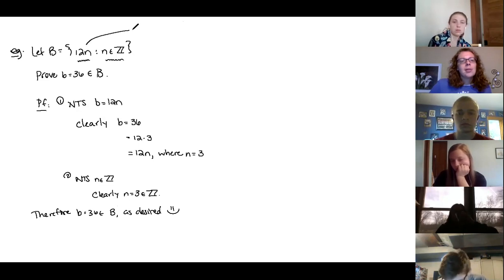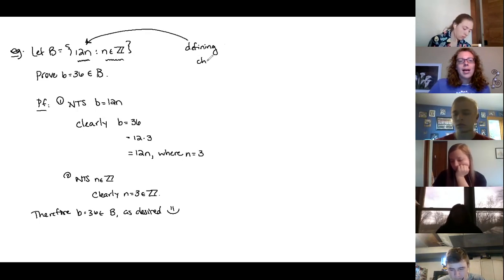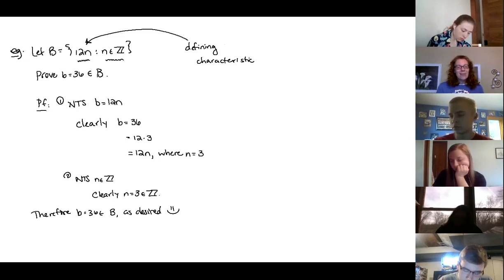So in this one, I'm going to call it the defining characteristic. 12 times n is the defining characteristic for what elements in this set are supposed to look like. It's kind of the definition. Defining characteristic of what elements in here are supposed to look like. For even numbers, the defining characteristic is 2 times something.